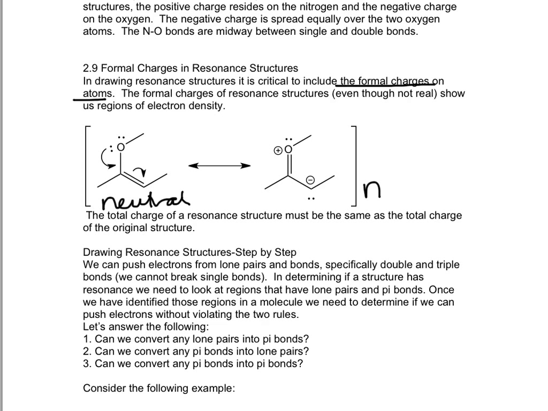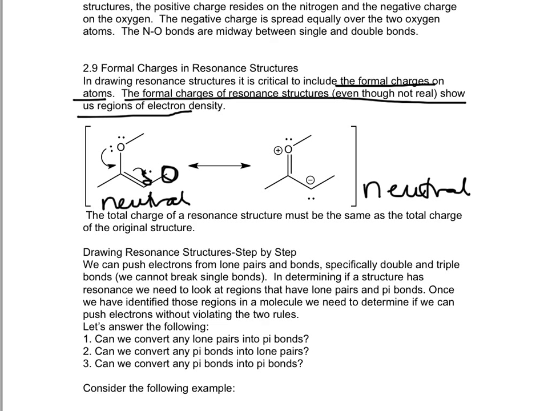It needs to remain neutral overall. So we can generate charges, but they have to be conserved between structures. Again, these formal charges that we make in resonance structures may not be real, but they show us regions of electron density. So this carbon would have more of a delta minus compared to this carbon out here.